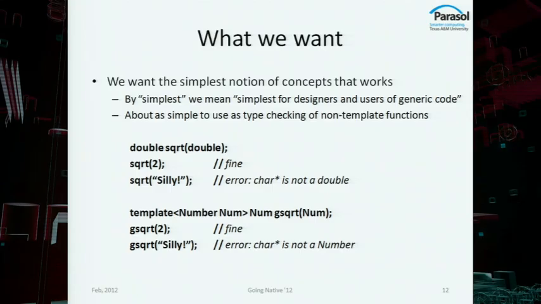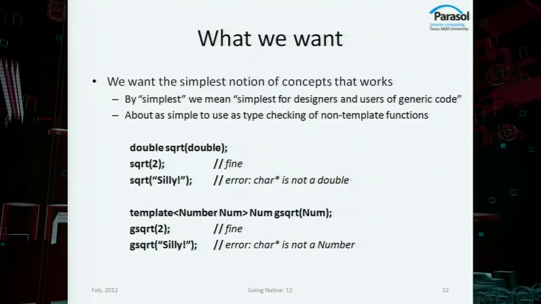Now, here's a simpler statement of what we really want. Here's the first example, a square root of double. Square root of 2 is fine, and square root of silly is not fine because it requires a double. So for a template that does a generic square root of a number, well, 2 is a number, so it works, and silly is not a number, so it does not work.